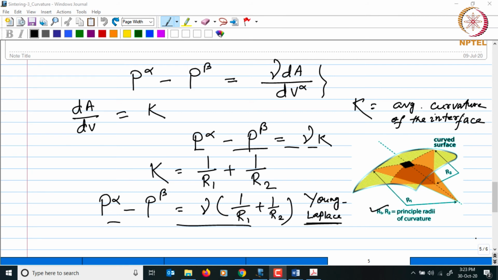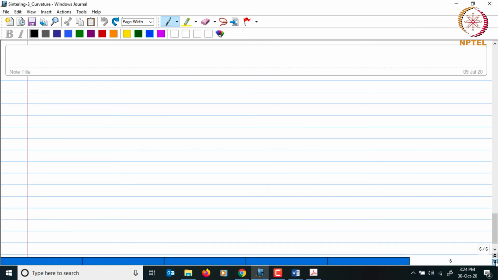Now the vacancies and atoms beneath a curved surface will have their own chemical potentials, and this chemical potential can be altered by the curvature of the surface. And this change in the chemical potential can be shown to be as follows. For the vacancies, it can be given by this expression over here.